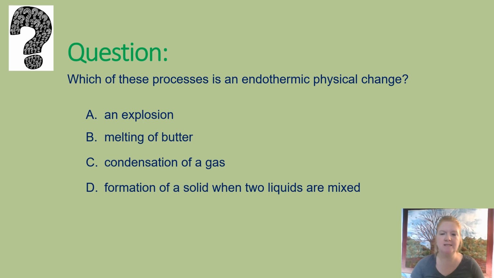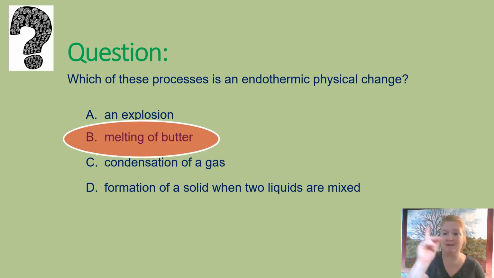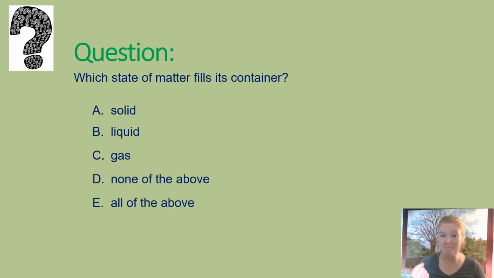Which of these processes is an endothermic physical change? That means you have to add energy in to make it happen. Melting of butter. Melting is endothermic. Okay, which state of matter fills its container? That's a gas. Which state of matter has definite shape and volume?